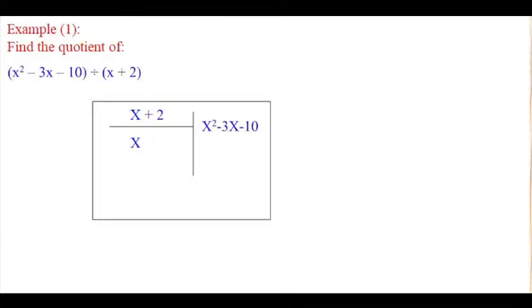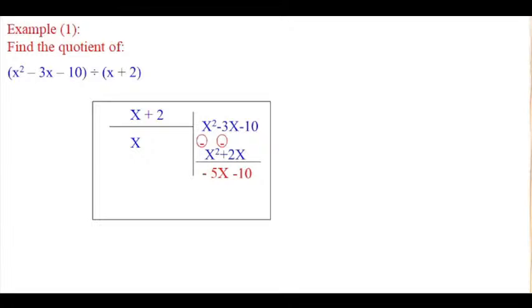Then multiply x by the divisor, then the result becomes x squared plus 2x. Step number 3. Subtracting x squared plus 2x from the dividend means change the sign, then add. The result becomes negative 5x. Put negative 10 beside it.